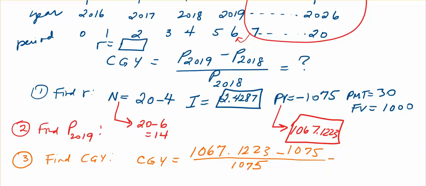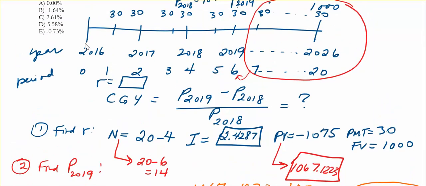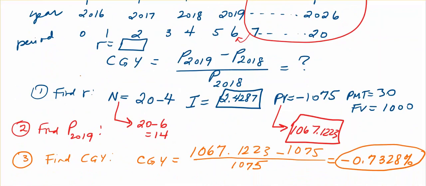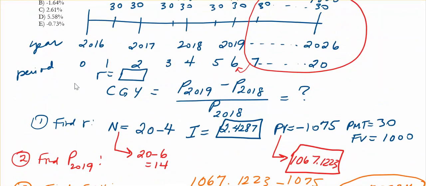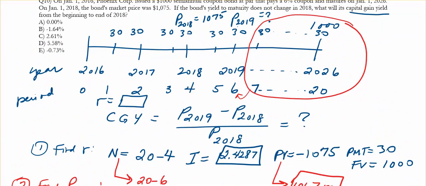Remember, premium bonds must depreciate over time. Giving us negative 0.7328%. Look at our options, and we see indeed, we just round to 2 places. It's E.